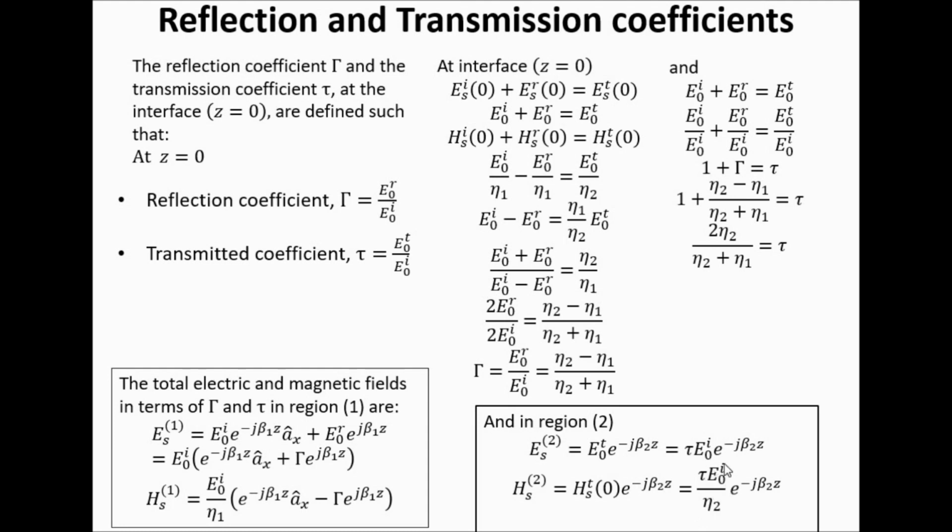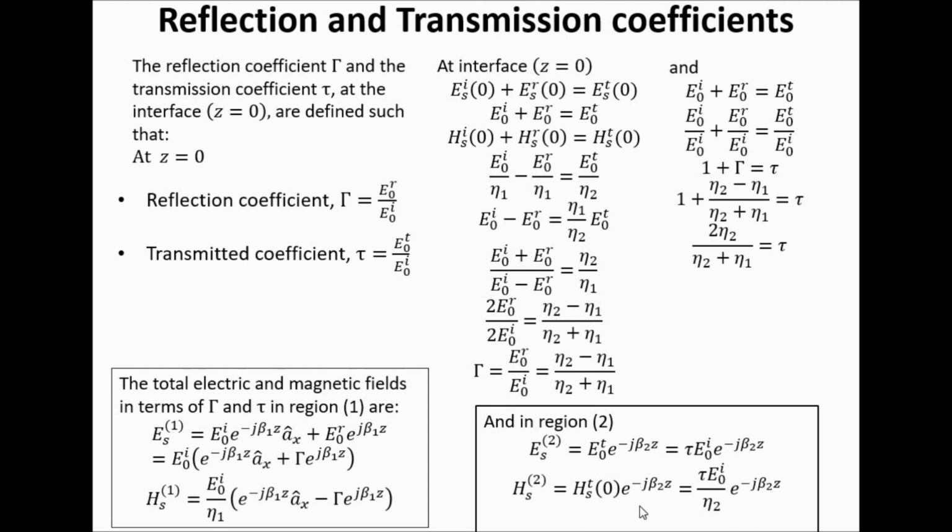So the transmitted magnetic field cannot be obtained by writing tau times H0I. You cannot write tau H0I is equal to H0T.